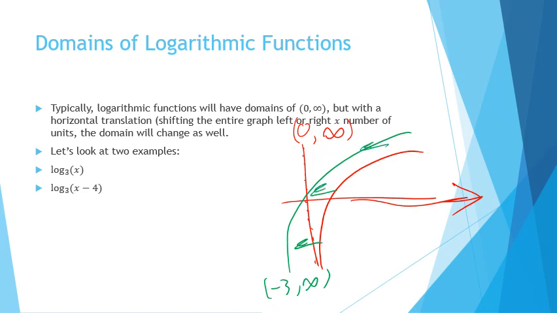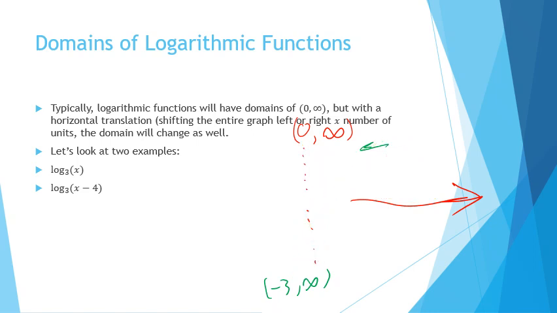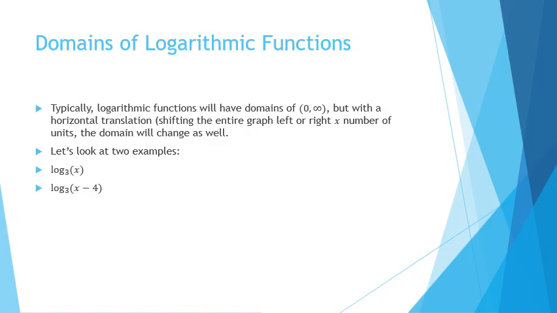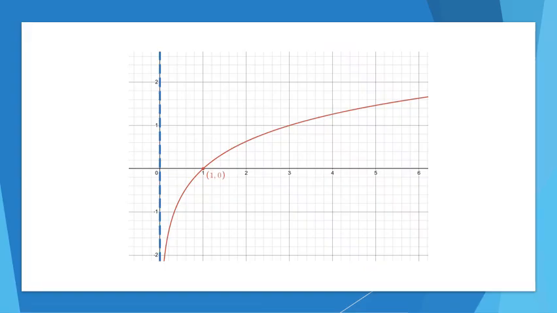So let's take a look at another example, right? So let me kind of reset this here. We have log base 3 of x, and then we have log base 3 of x minus 4. And so let's graph them both in Desmos right now. This is log base 3 of x. Here you can see 1 comma 0, you can see 3 comma 1.